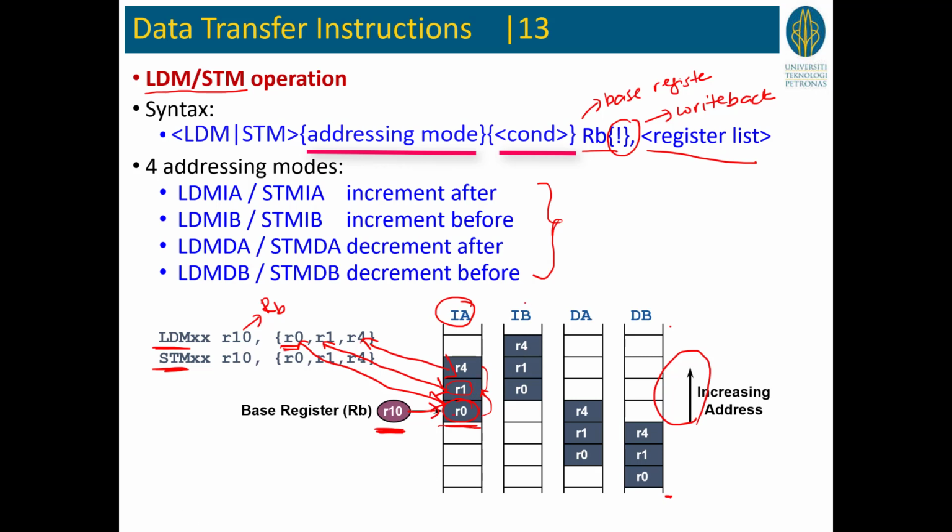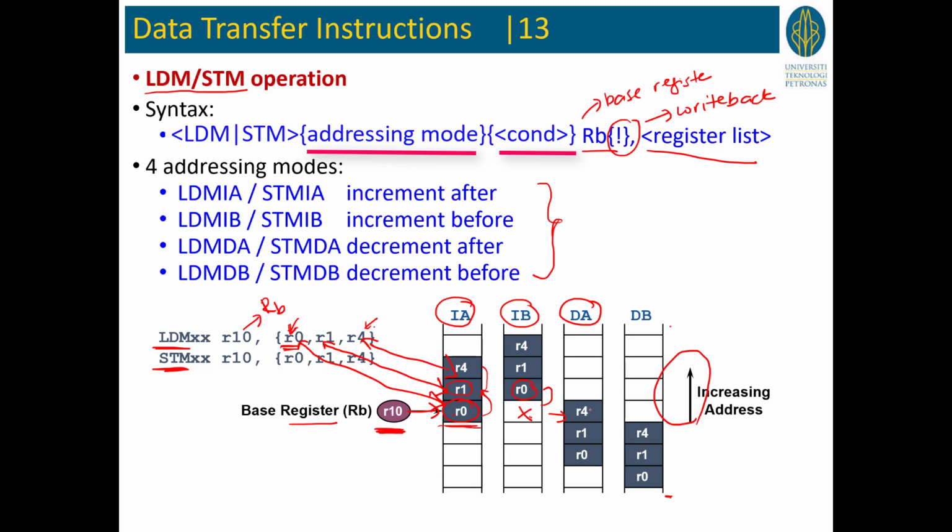Now in the case of increment before, you increment the base address before performing the transfer. That's why you don't transfer it in the base address. You actually transfer it 4 addresses up and so on. In the case of decrement after, you start from the base address, but instead of storing or loading from the beginning here, you start from R4.